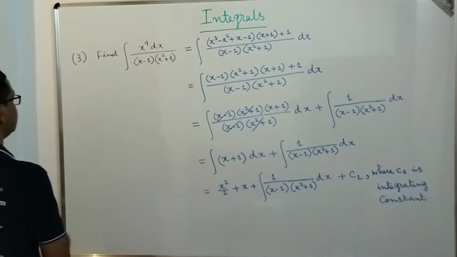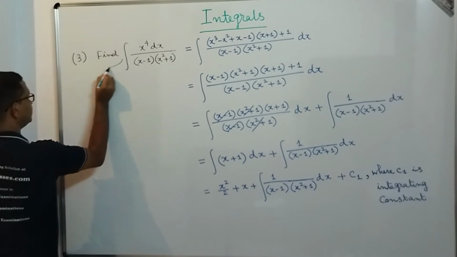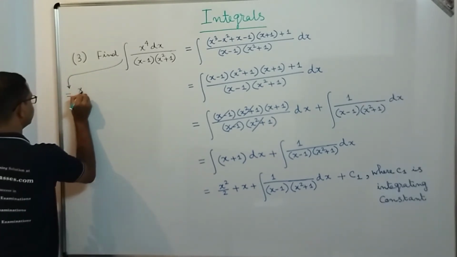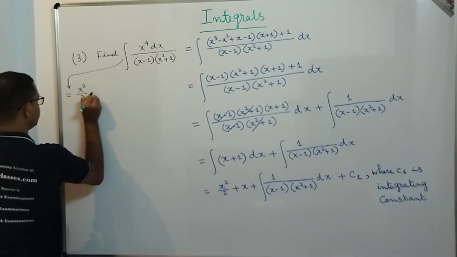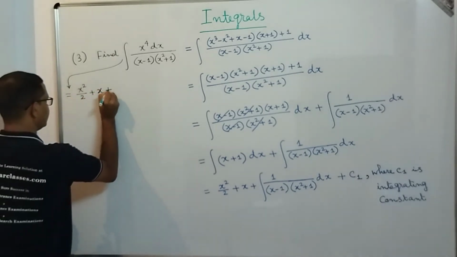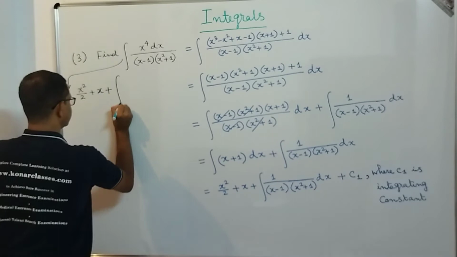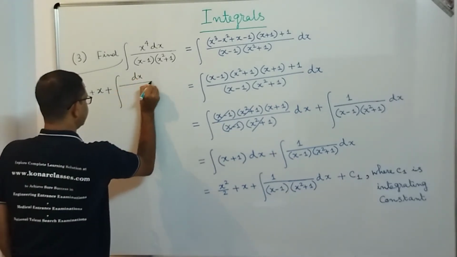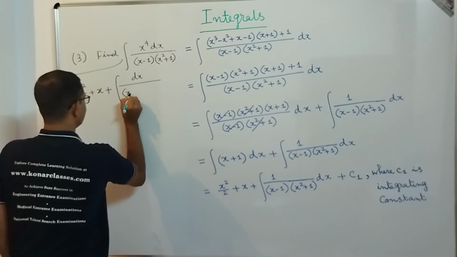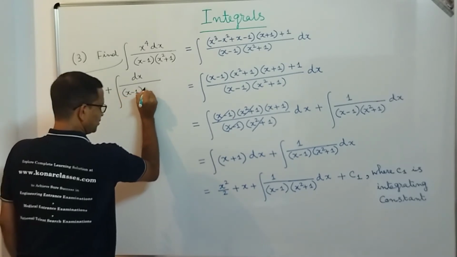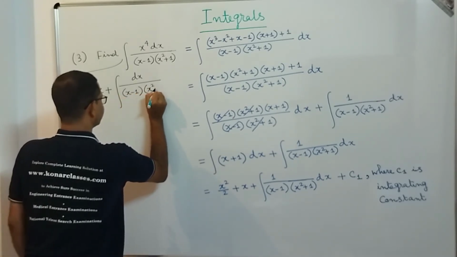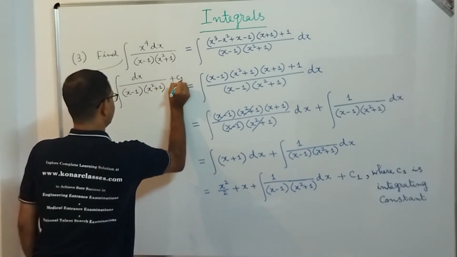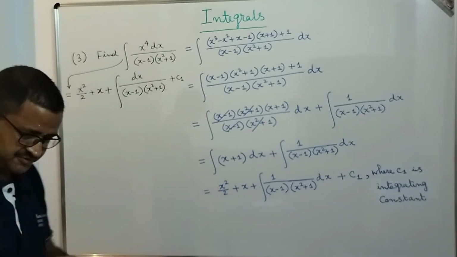So this integration is equal to x square by 2 plus x plus integration dx by x minus 1 into x square plus 1, plus C1, where C1 is the integrating constant.